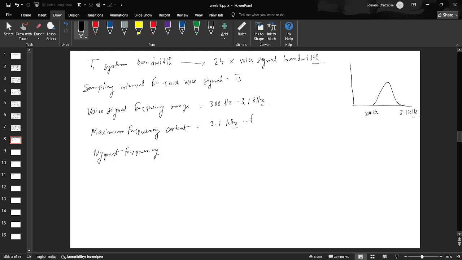If we call it Fm, your Nyquist frequency Fs is going to be 2 times Fm, that is 6.2 kilohertz. That is the borderline. So if you want to protect the information, you need to sample the voice signal at or over 6.2 kilohertz.